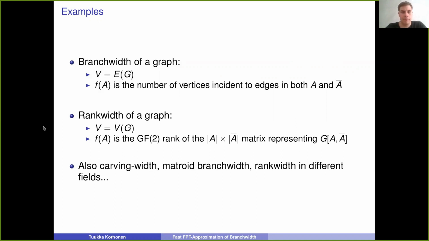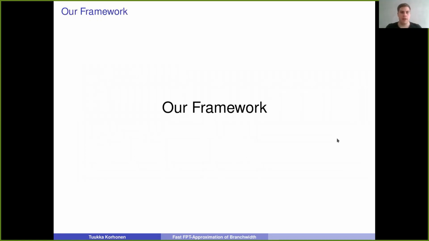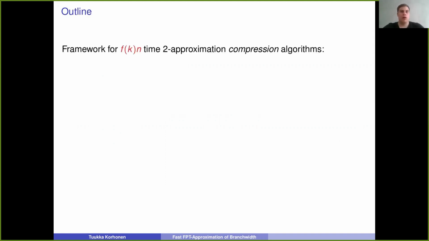Okay, then let's go to our framework. So the framework is for obtaining 2-approximation compression algorithms with time complexity f of k times n, so linear time for fixed k.